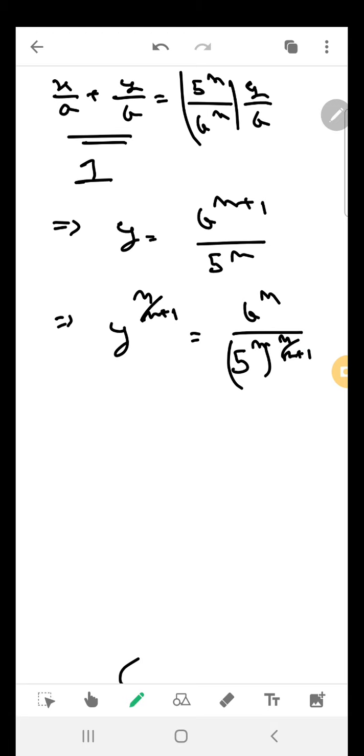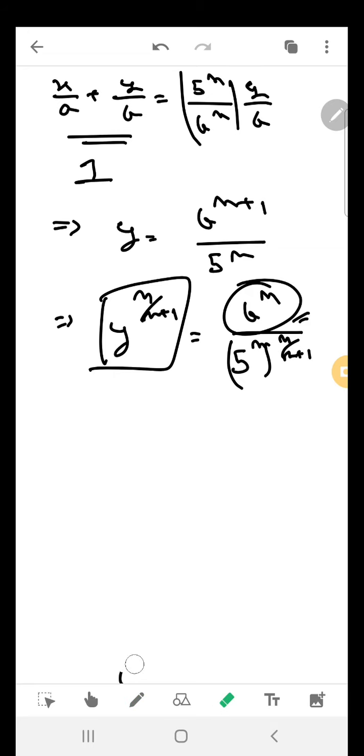Now why did we actually do this? To keep b to the power of which value we know. We know the value of b to the power n, but we do not know the value of b to the power n plus 1. So that's why we brought b to the power n.